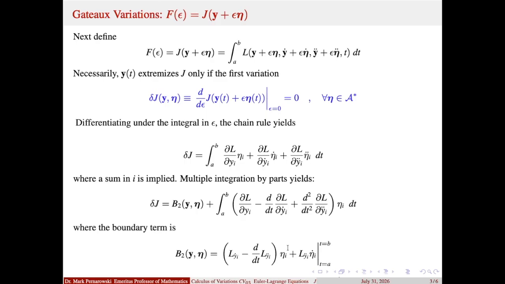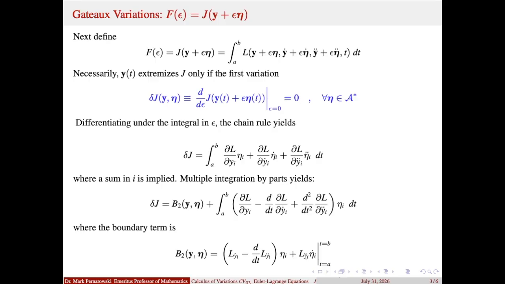In fact, if you collect them, you find that the terms that multiply eta i are this expression here, and the terms that multiply eta i dot are this partial of L in y i double dot.